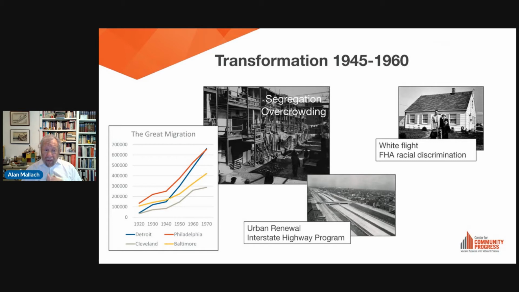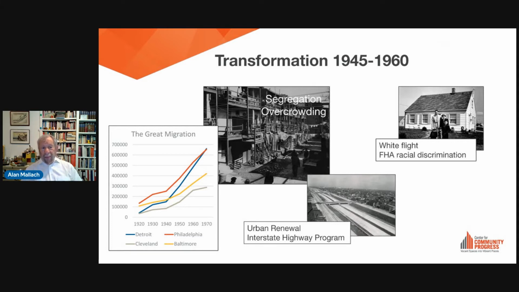Housing conditions were terrible. They were also, in many ways, dynamic, viable communities in many cases. And they were very economically integrated because if you were Black, you pretty much had to live there, whether you were wealthy or poor or in the middle. But they were overcrowded and the housing conditions were terrible.